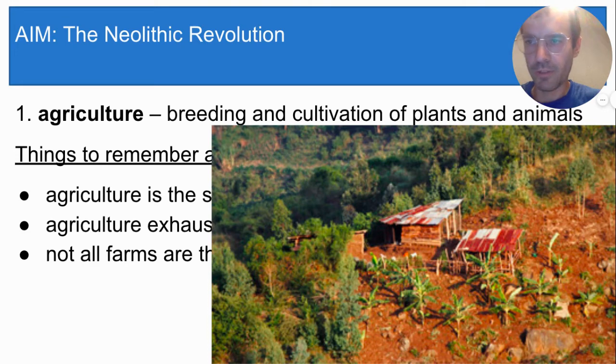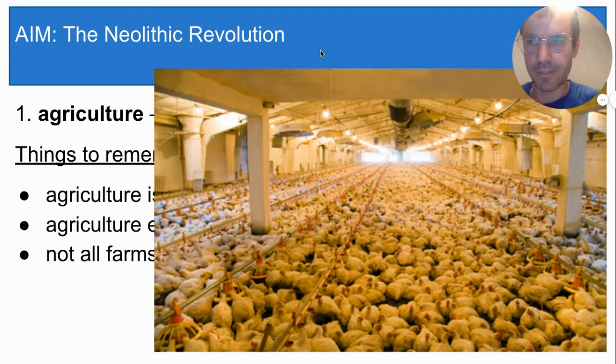And in wealthier countries, farms are more likely to look like this. Huge factory farms. This is a large chicken farm in the United States. So there are many different types of farms, and what they all have in common is that they are places where plants and animals are raised.